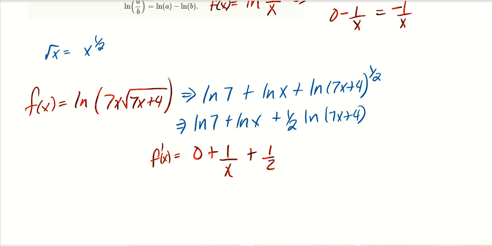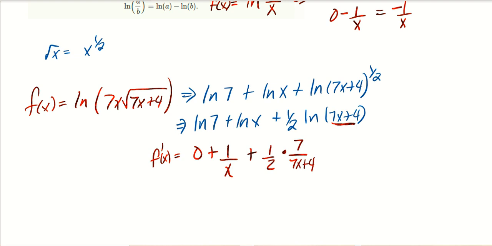Now, we discussed this in class where if we have the natural log of f of x, we would take the derivative on the inside first. So that would be times the derivative of the inside, which is 7, and we're going to divide that by 7x plus 4.